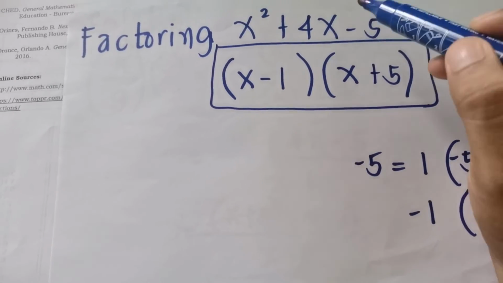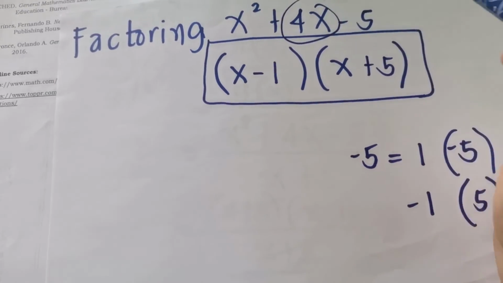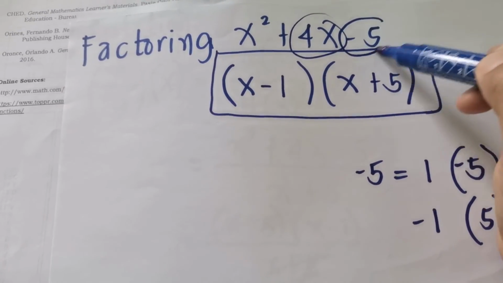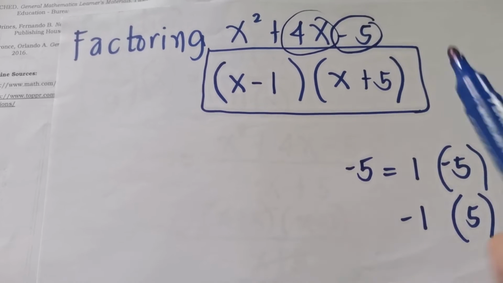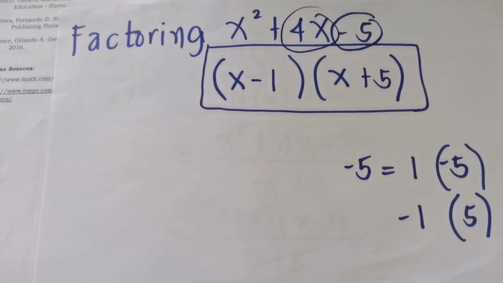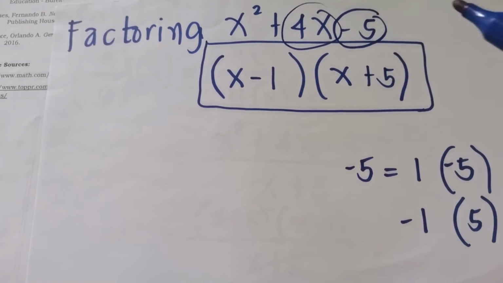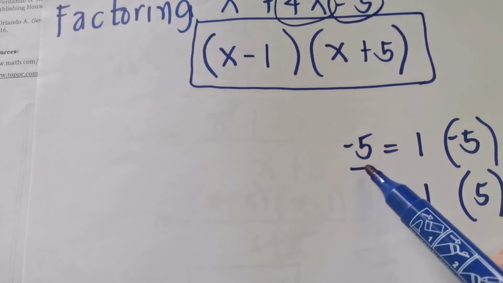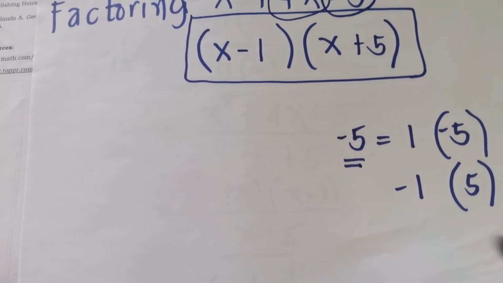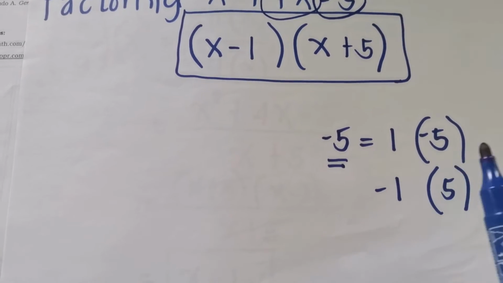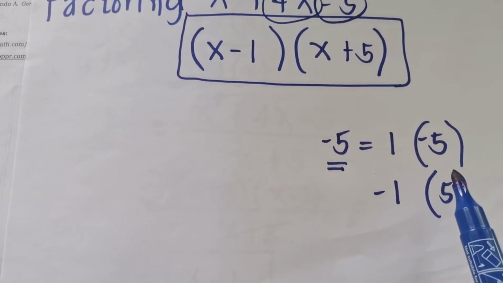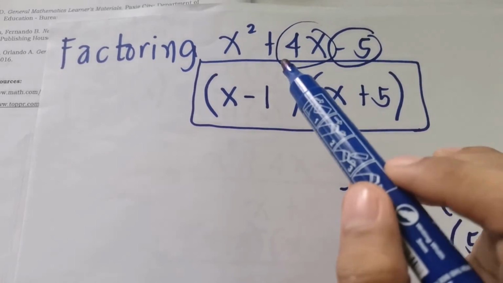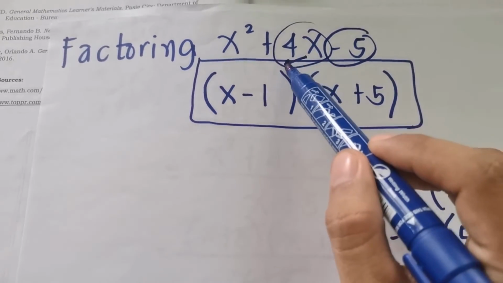We will consider the middle term and the last term, the constant. We will get the factors of the constant, negative 5, and then we will see to it that the sum of the factors is equal to the middle term, which is 4.